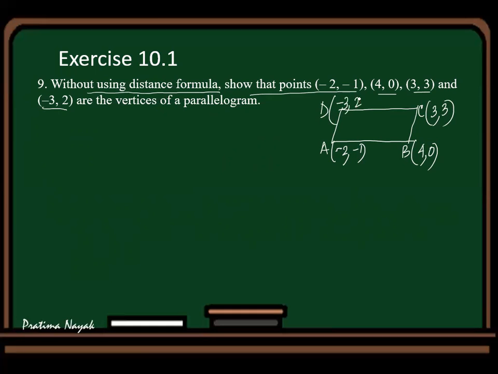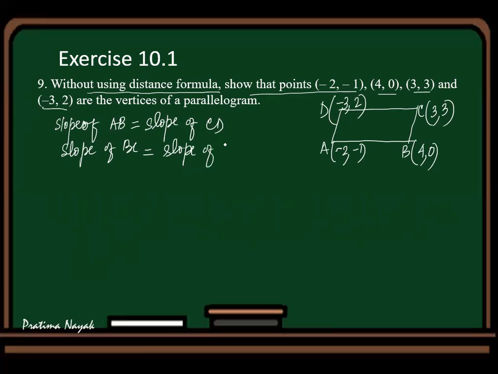So we have to show that the slope of AB is same as slope of CD, as well as slope of BC is same as slope of AD. This is one way of showing it.